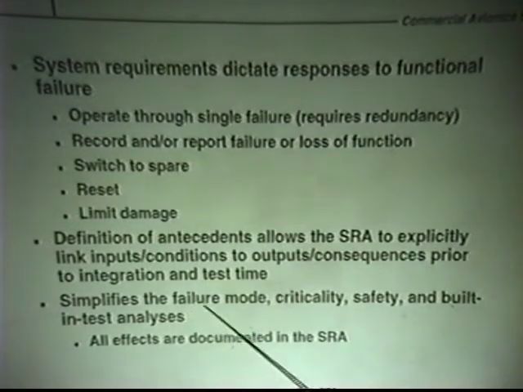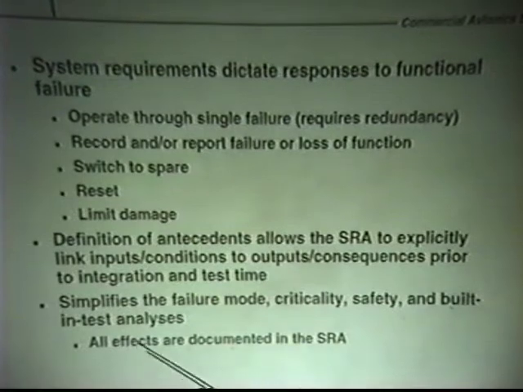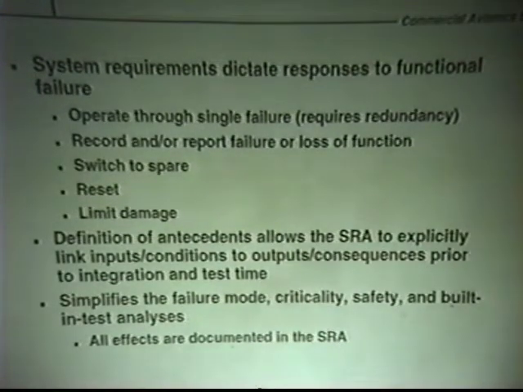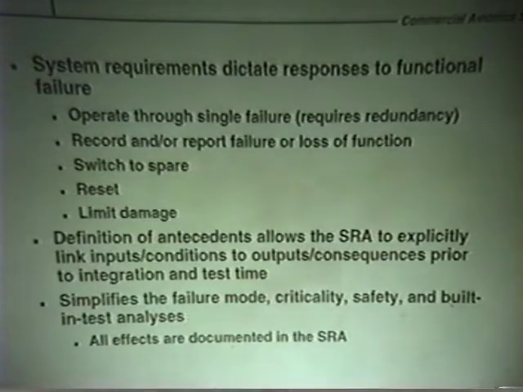For example, failure mode criticality, safety, and built-in test analyses, because now whenever a failure is experienced in the system, all I have to do is look it up in the SRA, system requirements analysis, and the behavior is defined. In other words, the person doing the failure analysis or built-in test coverage analysis doesn't have to postulate, gee, I wonder what the system's going to do in this case, because I don't see anything written in the system requirements about what it should do in this case.